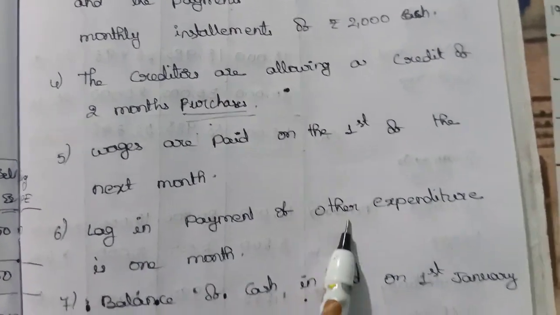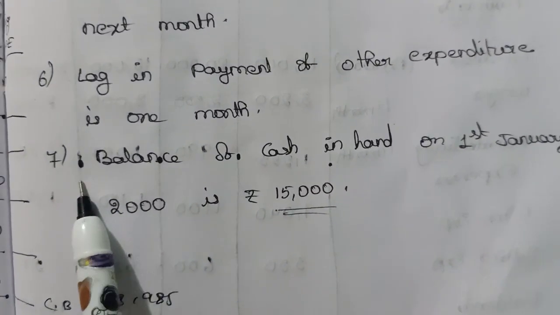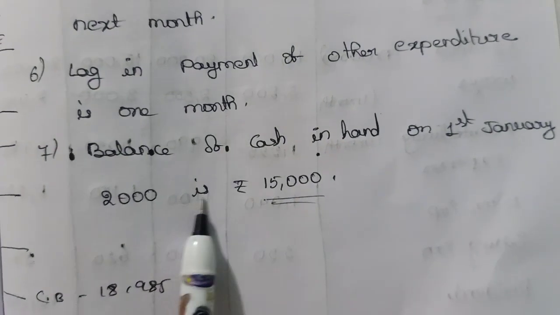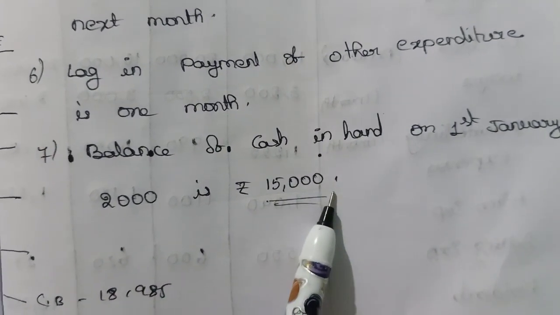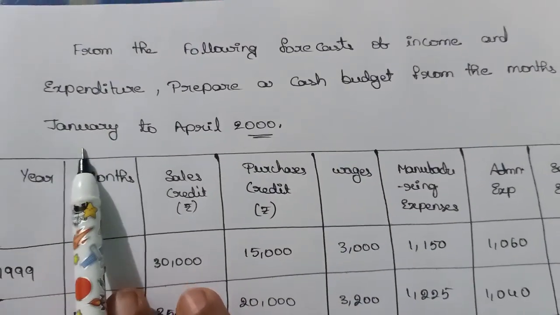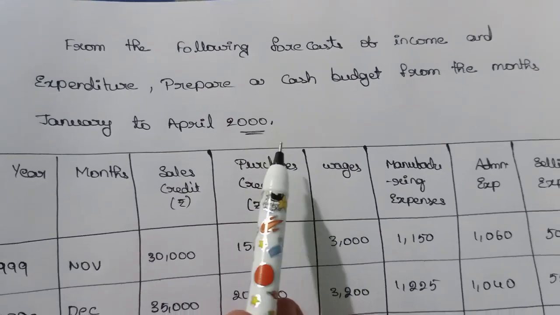Lag in payment of other expenditures is 1 month. Another information: the balance of cash in hand on 1st January 2000 is 15,000. Once again, which months do we have to prepare? From January to April 2000 we have to prepare the cash budget.